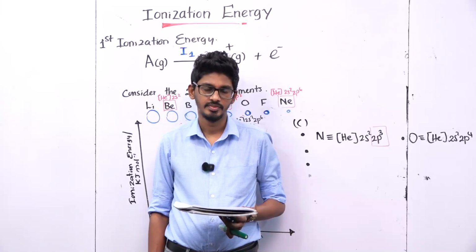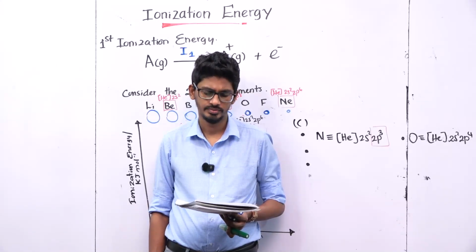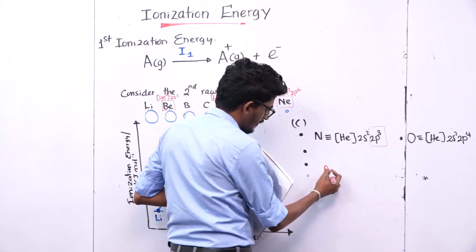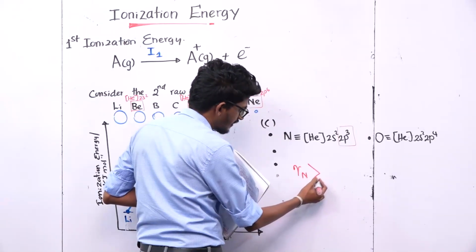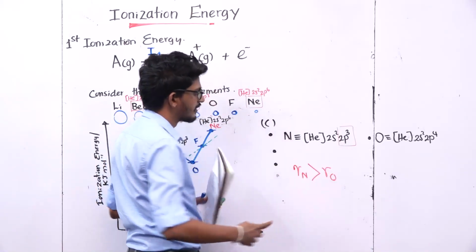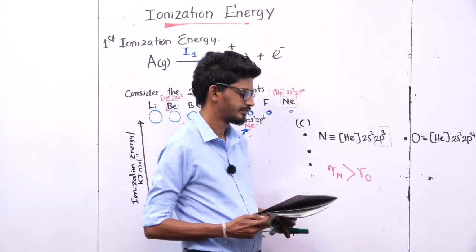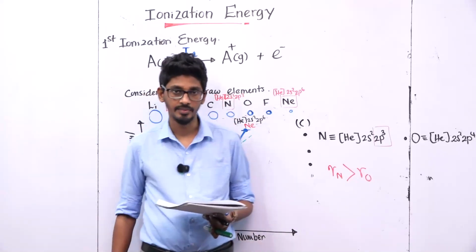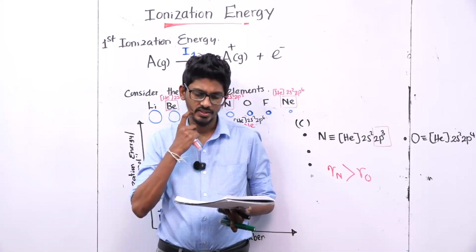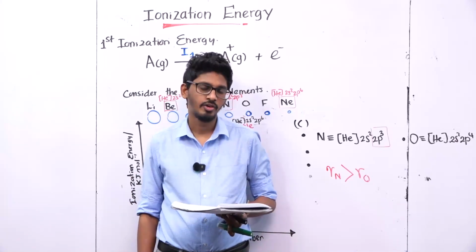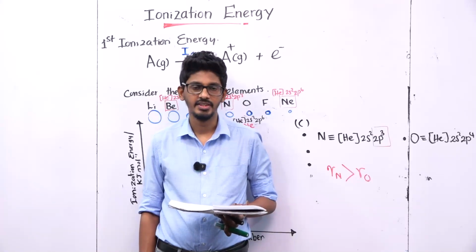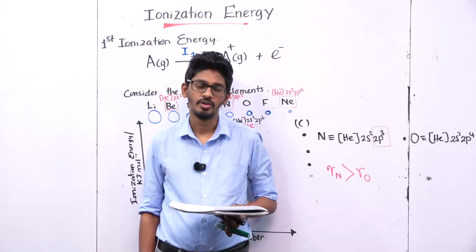Even though the radius of nitrogen is larger than the radius of oxygen, comma, I1 for nitrogen exceeds the I1 of oxygen.